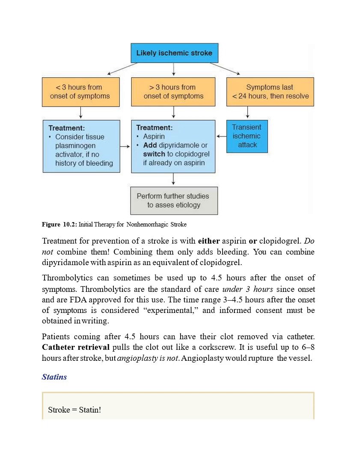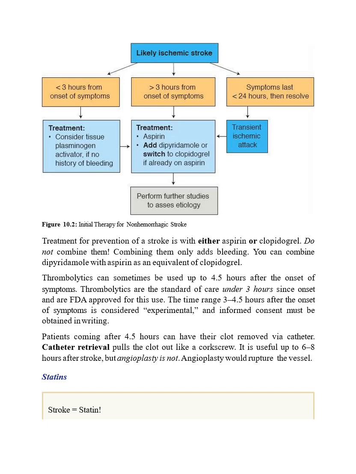The treatment considered is tissue plasminogen activator if no history of bleeding. If it is more than 3 hours from the onset of the symptoms, the treatment is aspirin, or add dipyridamole or switch to clopidogrel if already on aspirin. And then perform further studies to assess etiology.